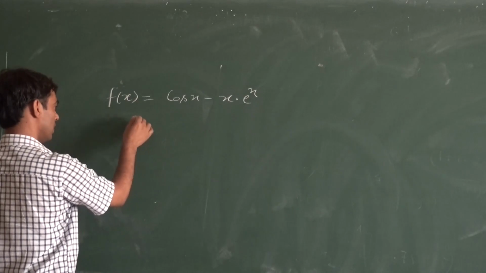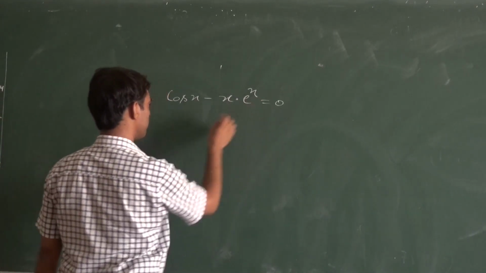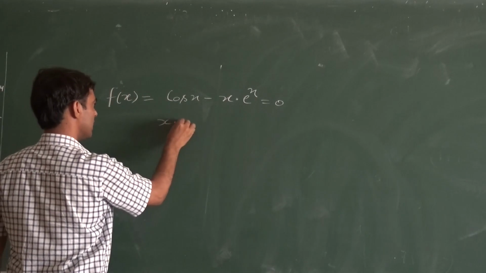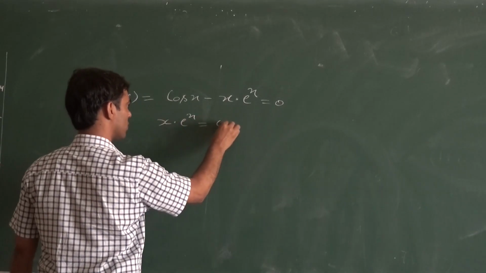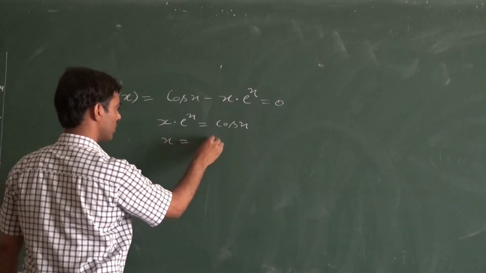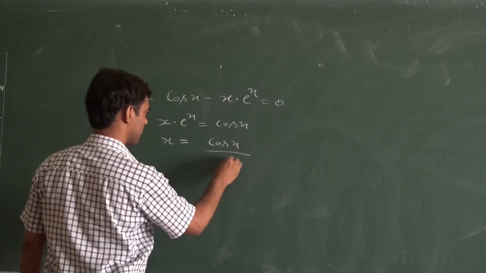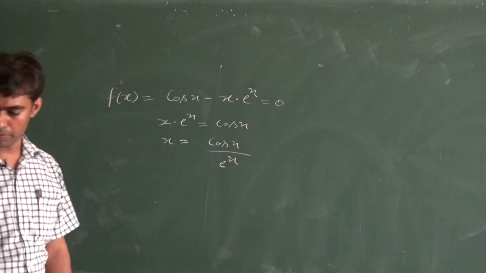Now suppose we write this equation equal to 0 and simplify: x into e to power x equal cos x. Then x equal cos x upon e to power x.